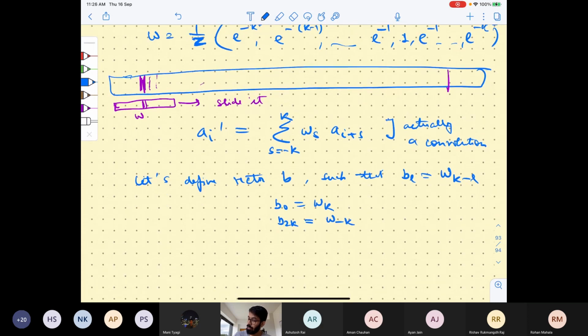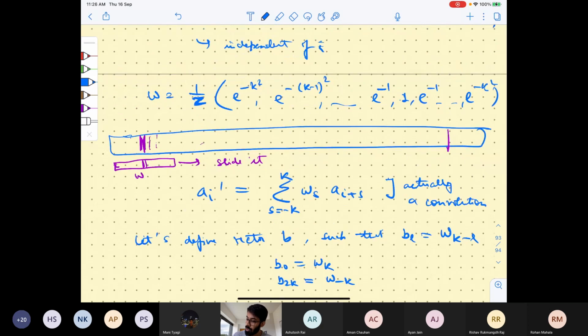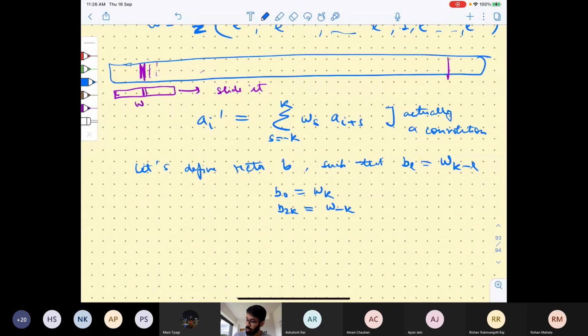So you just reverse this W vector. So B is basically B0 to B 2k, and this is equal to W k to W minus k, just to give the correspondence of what this will correspond to. Okay, good.